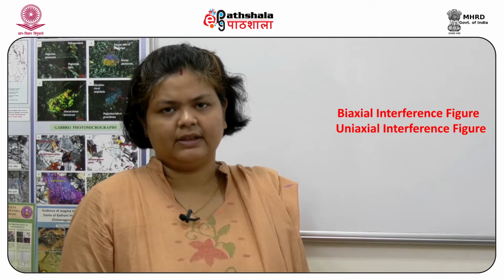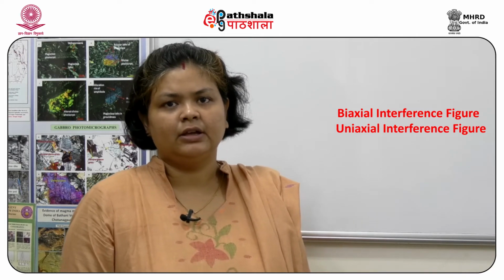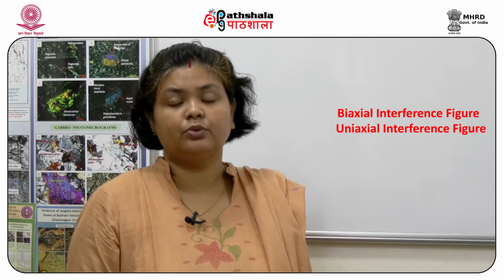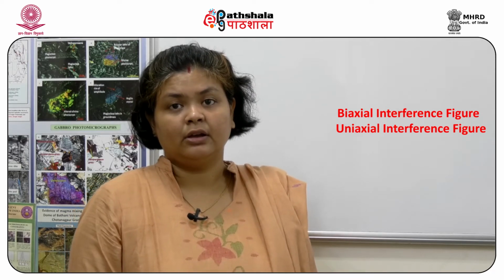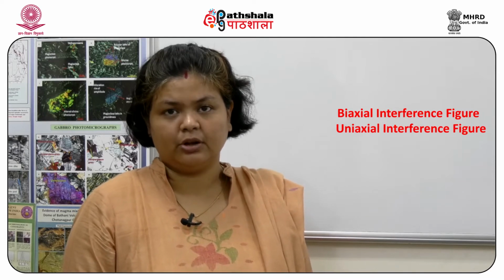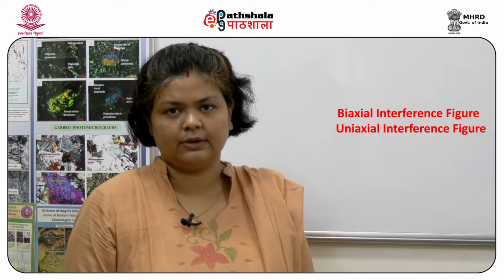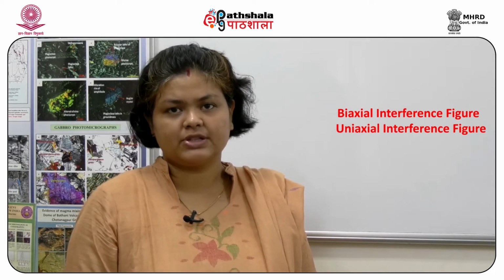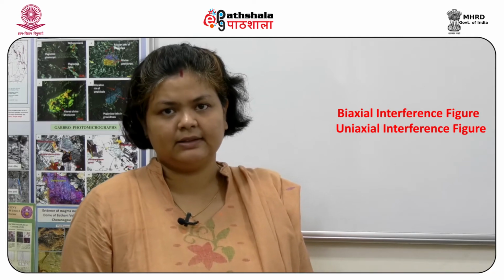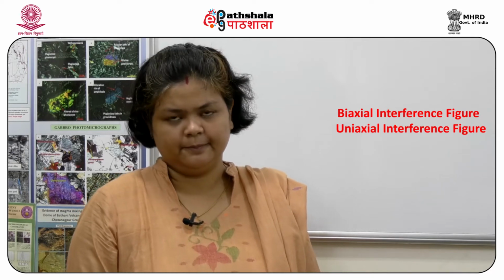Uniaxial and biaxial interference figures are basically used in crystallography or in optical mineralogy to determine the type of mineral an anisotropic mineral belongs to, whether it is uniaxial or biaxial, as they produce different figures, and also to check whether a mineral is uniaxial positive or negative, or biaxial positive or negative.